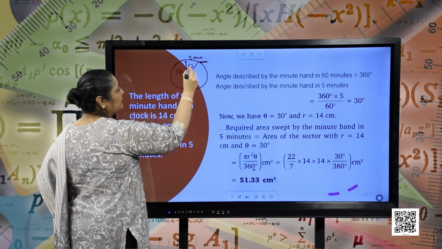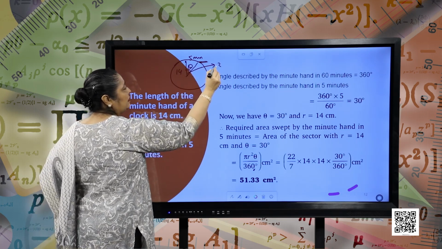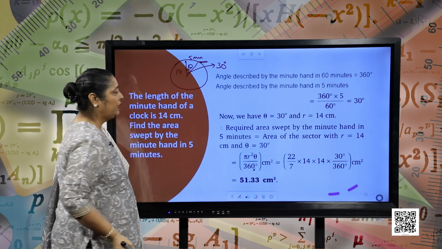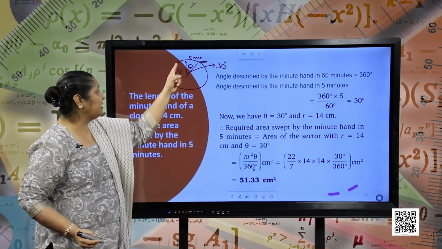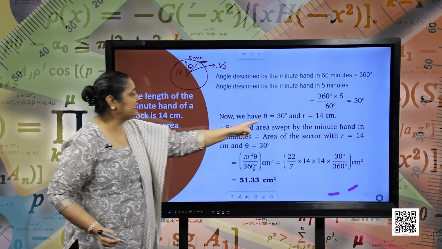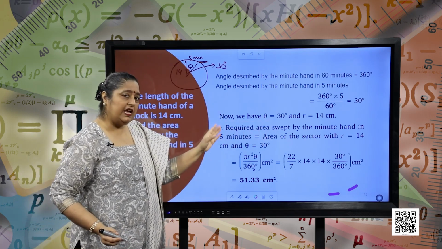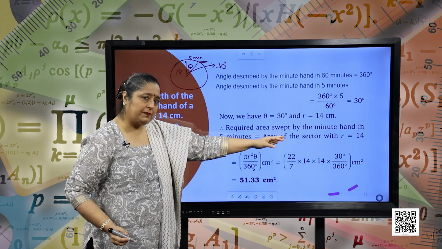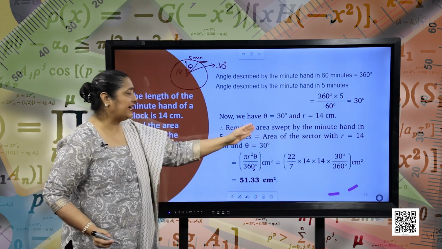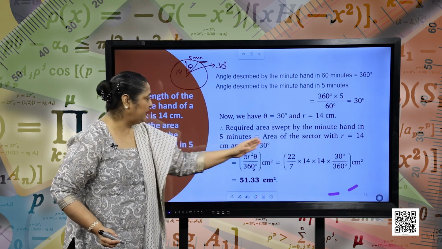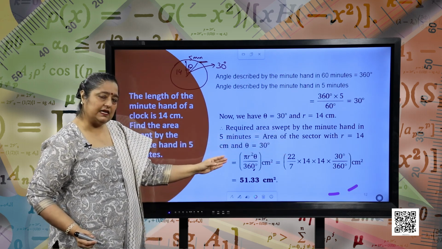So, here the theta will be 30 degree. Now, we have theta as 30 degree and radius r as the length of the minute hand, 14 centimeter. Therefore, the area required, that is swept by the minute hand in 5 minutes, will be the area of the sector with radius 14 centimeter and theta 30 degree.